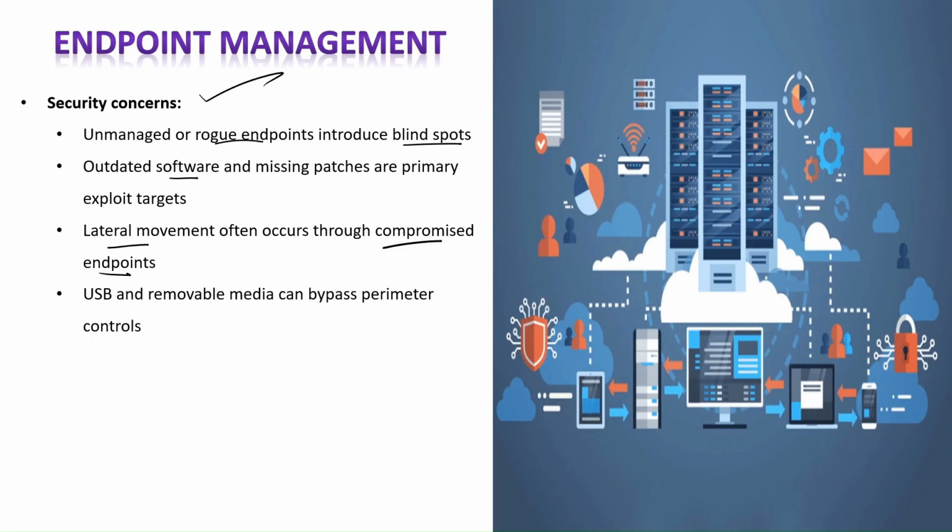Lateral movement means going from one device to the next and the next within the organization after one device is compromised. USB and removable media can bypass perimeter controls. Since these have no network connectivity, perimeter security such as a firewall can be bypassed through these portable removable media.